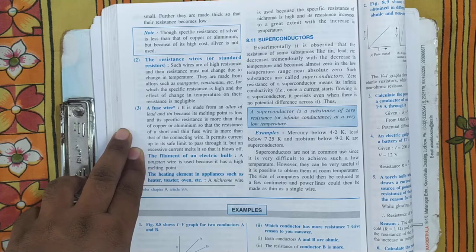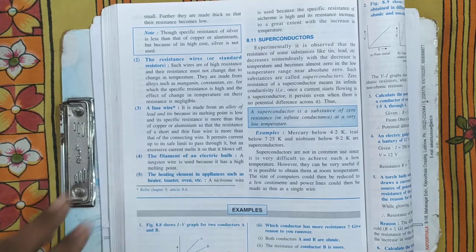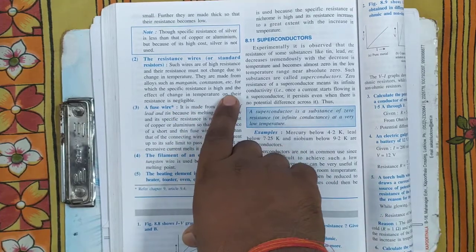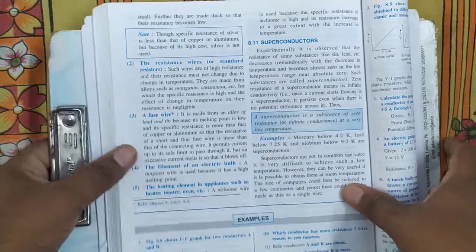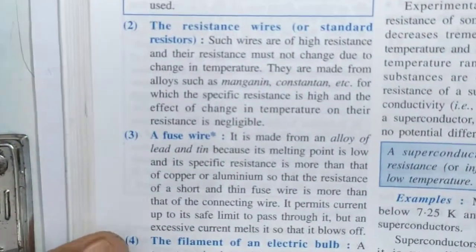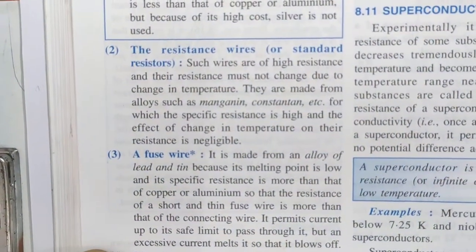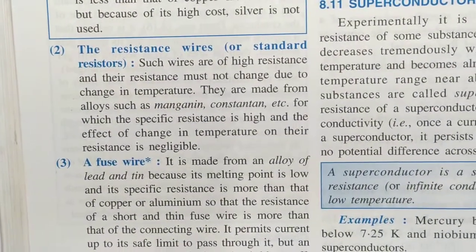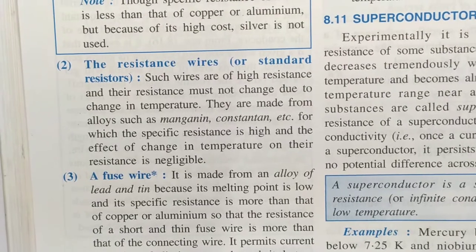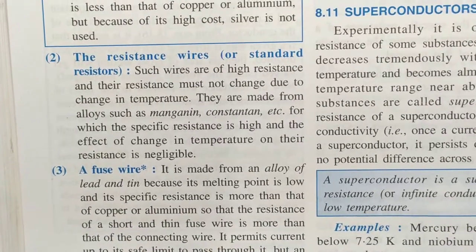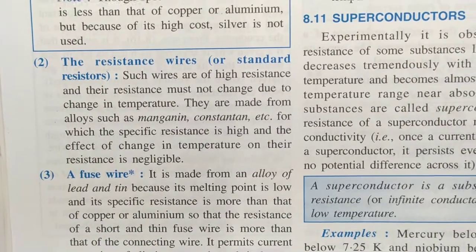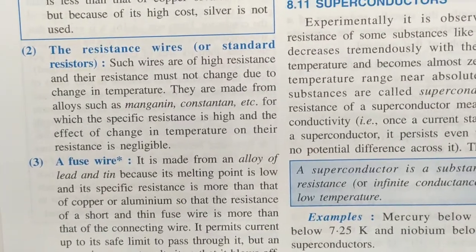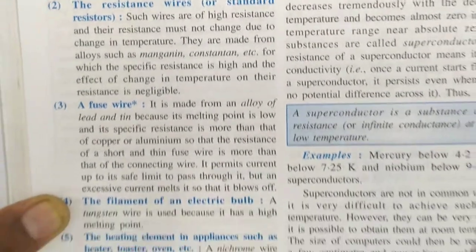These alloys have almost zero variation in their resistance on increasing the temperature. With increase in temperature, there is almost negligible variation in their resistance. That's why these materials are used for making standard resistors.